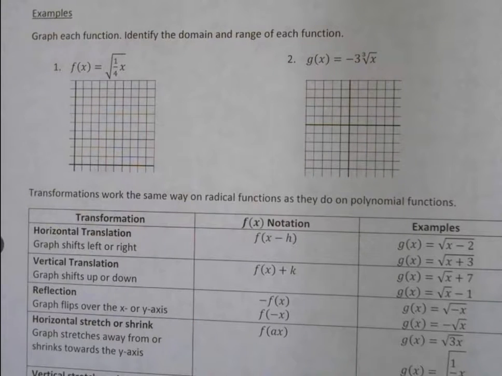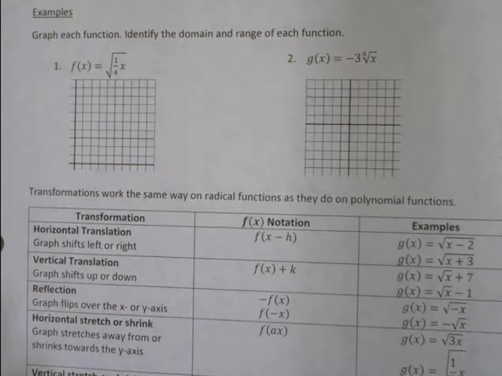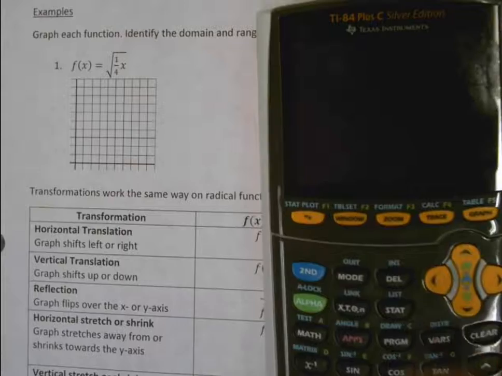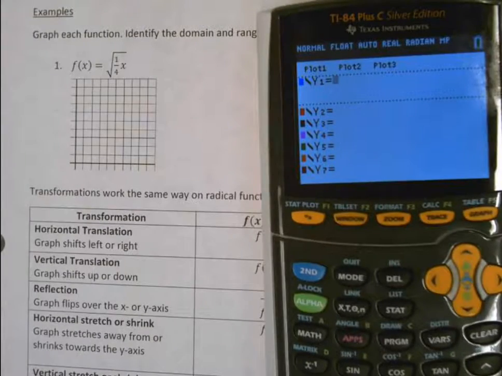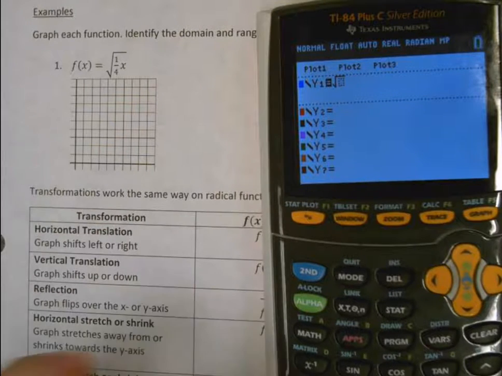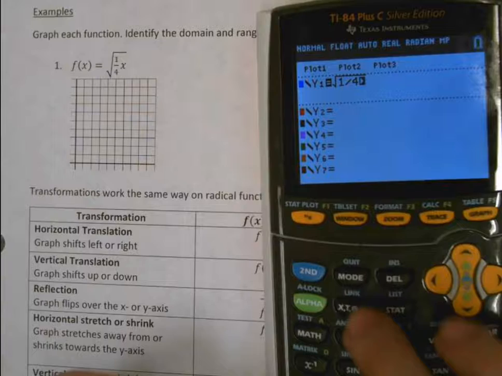Okay, this one wants me to graph the function. So I'm gonna graph this on my calculator. Remember to graph the equation on the calculator. I go to y equals, then this one's just a regular square root, so I go second, the x squared button, and then I type it in like this.